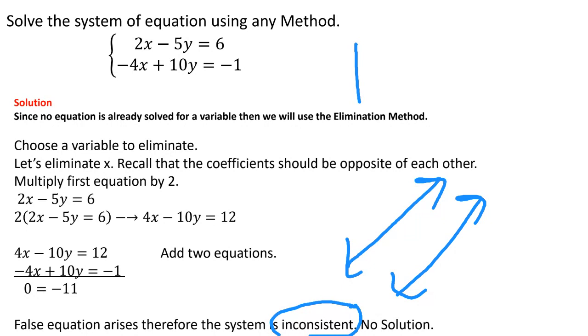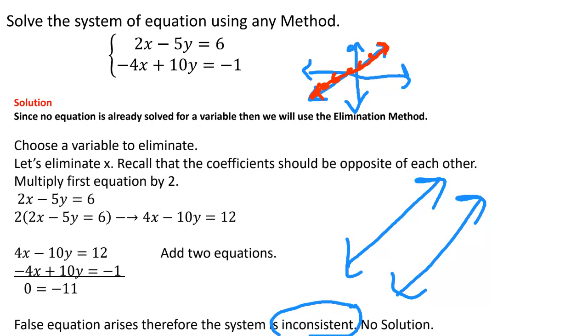Okay, so if we were to graph the lines for many solutions, if I draw my line here, that would be the first equation. But if I draw my second line, then it's going to be on top of this blue line. And so basically all the points on the lines are going to satisfy both equations.